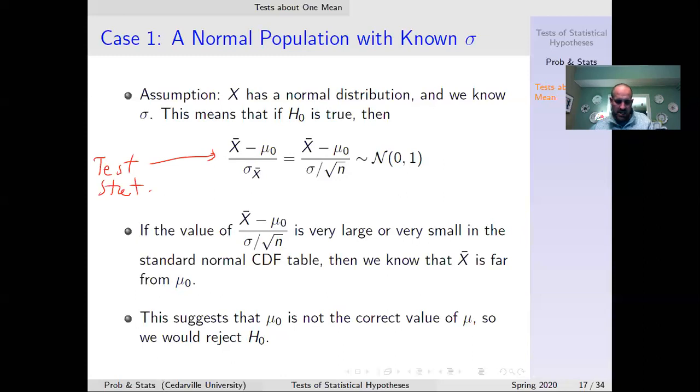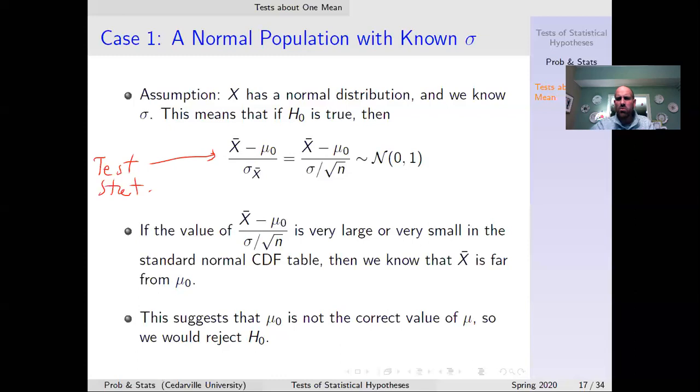If the value of that test statistic is very large or very small in the standard normal table, then we know that X bar is far away from mu 0. If that happens, you start to think, what is going on here? This suggests that mu 0 is not the correct value of the mean.